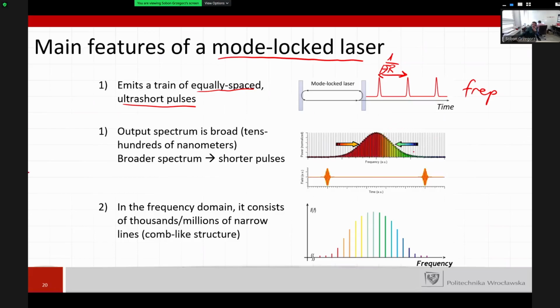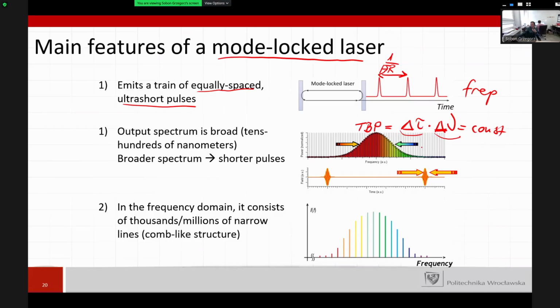And what is important is that this relation between the pulse width and the spectral width is fixed, because we have a parameter which is called the time bandwidth product, which is the product between the pulse duration and the spectral width, the bandwidth, and this is constant. So if we increase the bandwidth, then we can decrease the pulse duration.